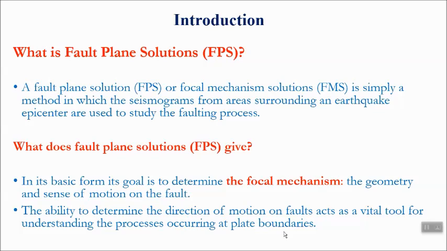At the plate boundaries there are different kinds of deformative forces that lead to the formation of faults or thrusts, so they are more prone to earthquakes. If we know the focal mechanism, we can understand what kinds of faults are related to the earthquakes, what their senses are, and what kind of movements are occurring in those faults.